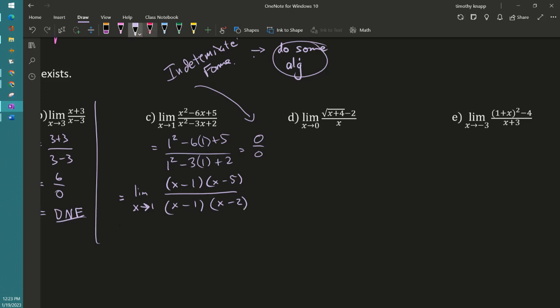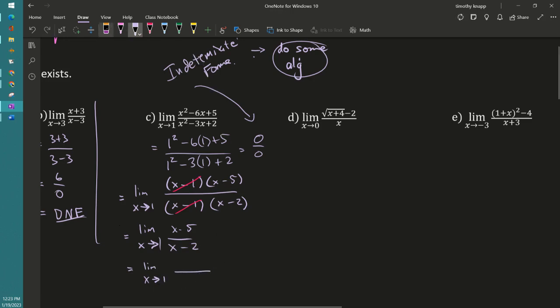Okay? Aha! Well, look at this. Look at what I've got. I've got two factors that cancel. Well, I did some algebra and something happened, so let me keep going. Those are canceled, and now I've got x minus 5 over x minus 2. So I'm going to try again. This is the limit as x approaches 1.